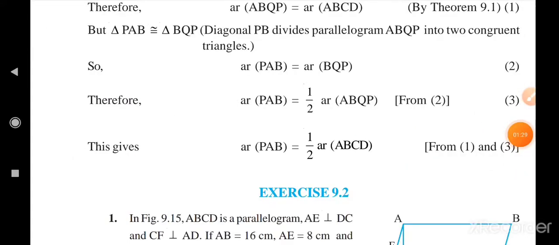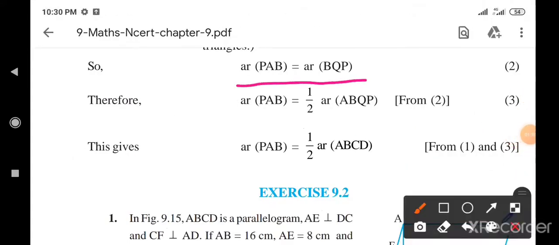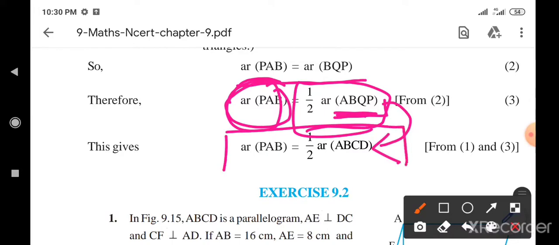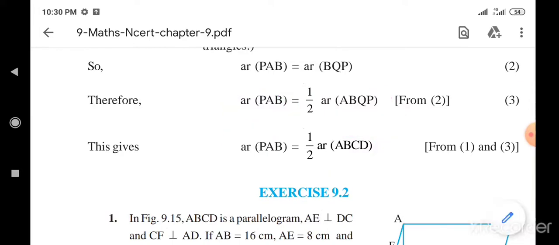You can see here, we have written PAB is equal to PQB. Since PAB is half of the parallelogram ABQP, and we know that the area of ABQP is equal to ABCD, hence we can say that the area of the triangle is half of the area of the parallelogram, and that is also a very important theorem.